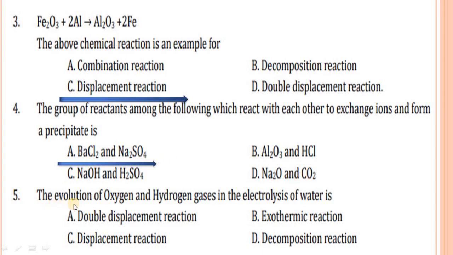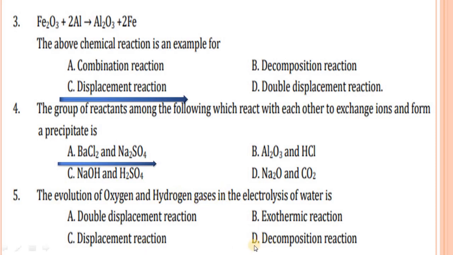Question number 5. The evolution of oxygen and hydrogen gases in the electrolysis of water is, option A, double displacement reaction, exothermic reaction, displacement reaction, and decomposition reaction. See, in this reaction, that is the electrolysis of water, you can see that hydrogen gas and oxygen gas will be separated.